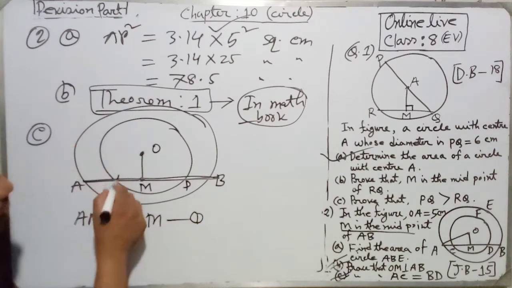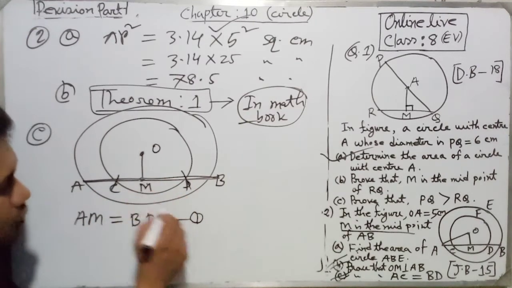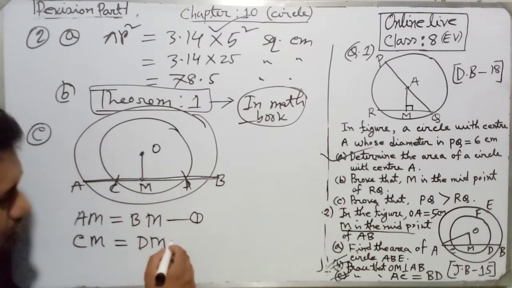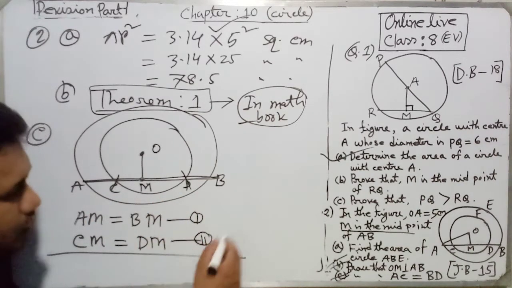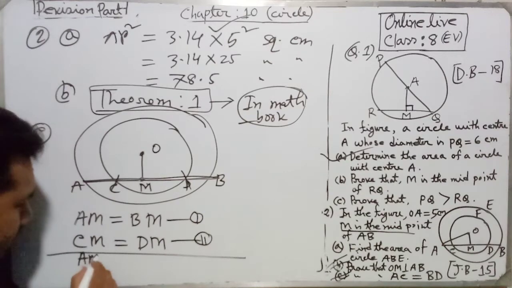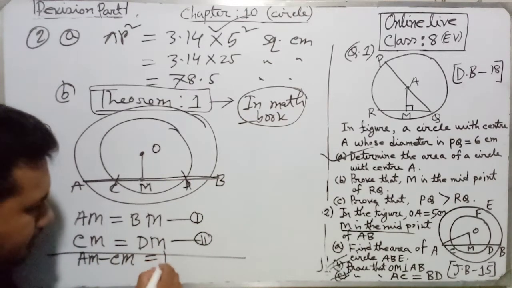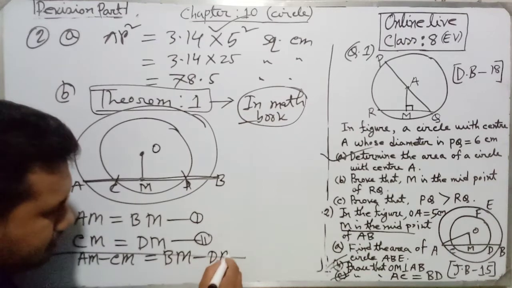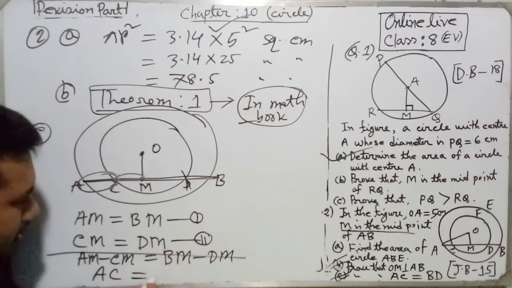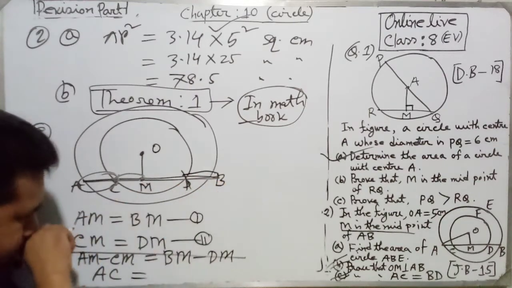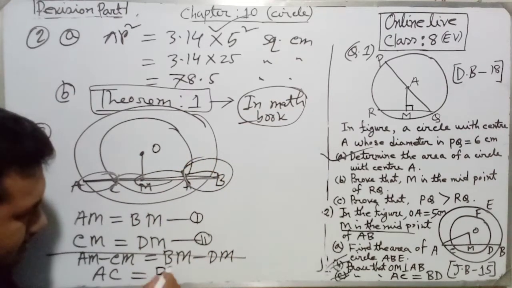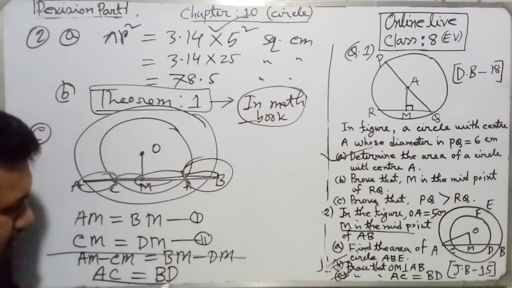And also look, CD, this is also a chord, so M will also be the midpoint of CD. So we can say this is our equation number 2. Now if we subtract equation number 2 from 1, that means it will be AM minus CM and it will be BM minus DM. Now AM minus CM will be AC, and BM minus DM will be DB or BD.